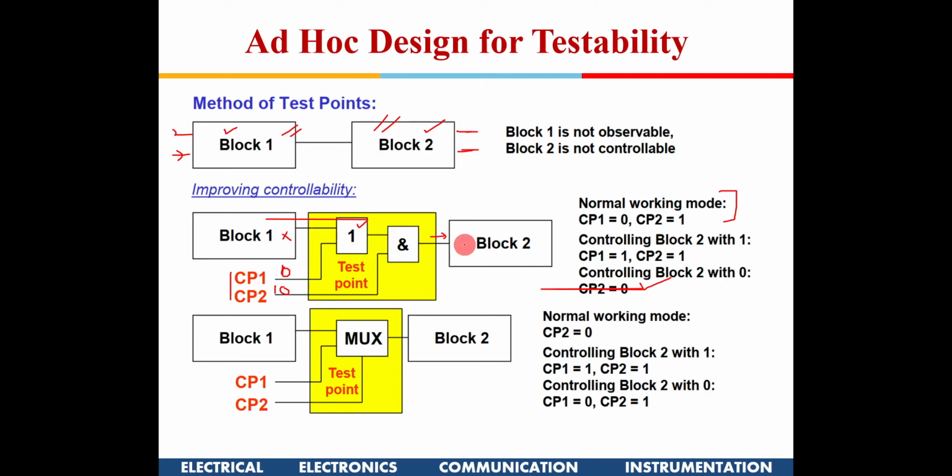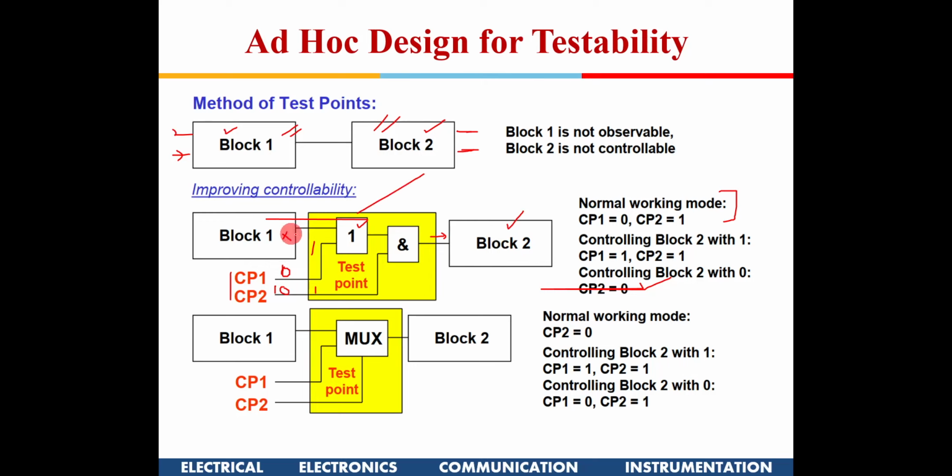I can give a 0 input here, and similarly, if I have to give a 1 to this B block, I can give 1 1. So by putting these additional gates, I can give either a 0 or a 1 to the second block. So the second block also becomes controllable.